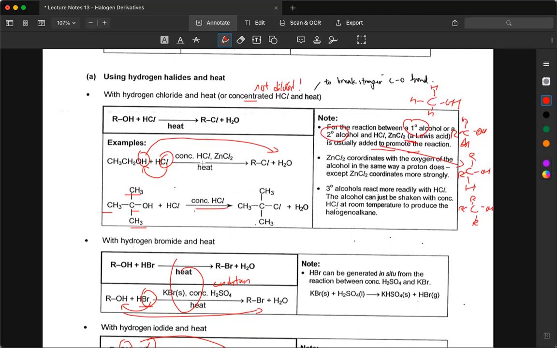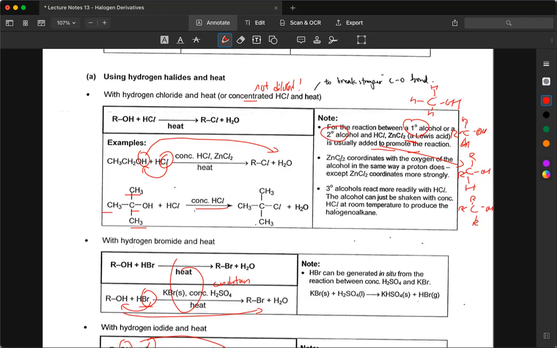The use of concentrated acid and zinc chloride with heating. Note, for the reaction involving primary or secondary alcohol and HCl, we use zinc chloride as the Lewis acid to promote the reaction.